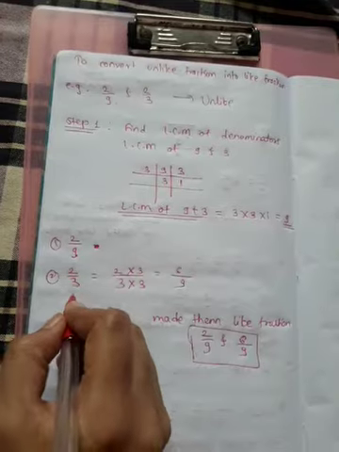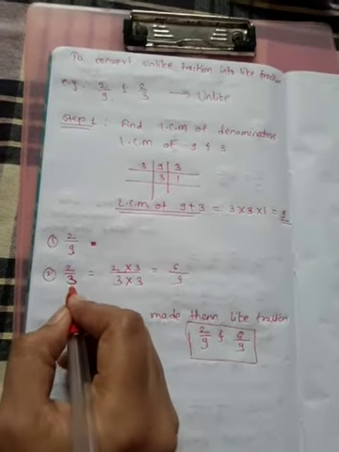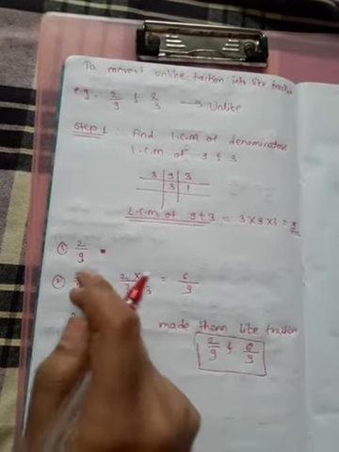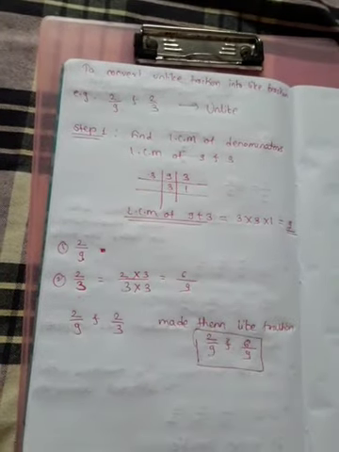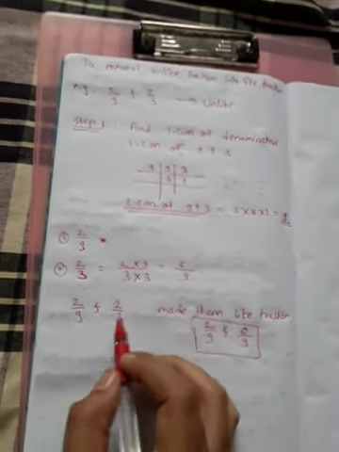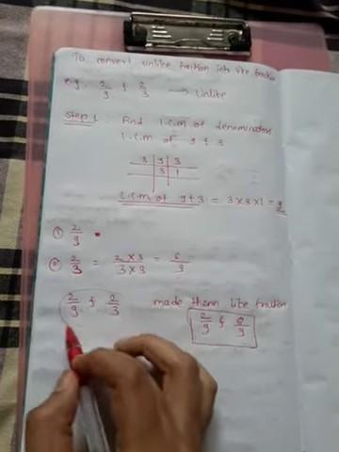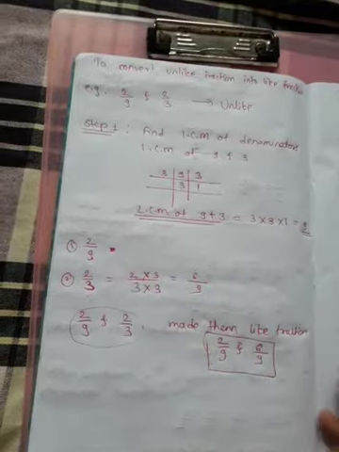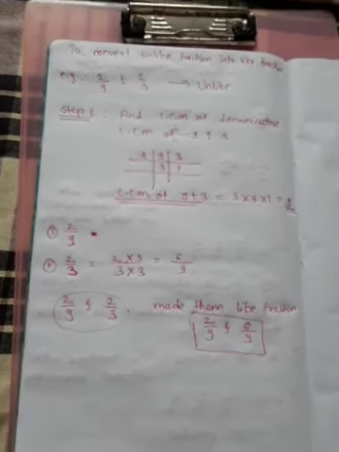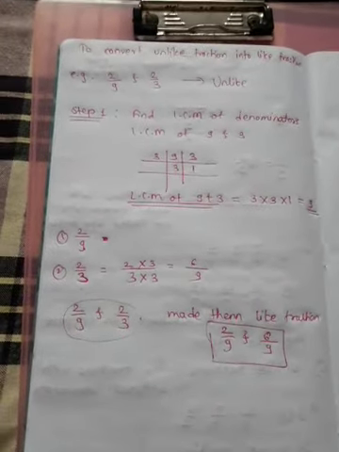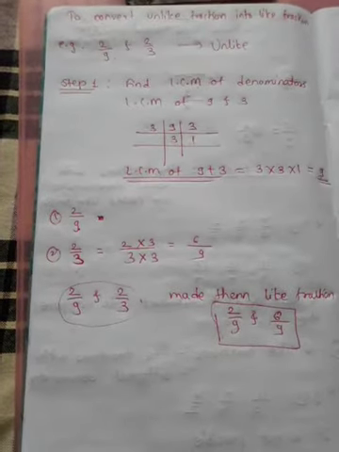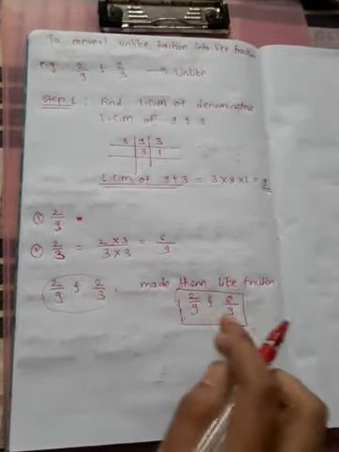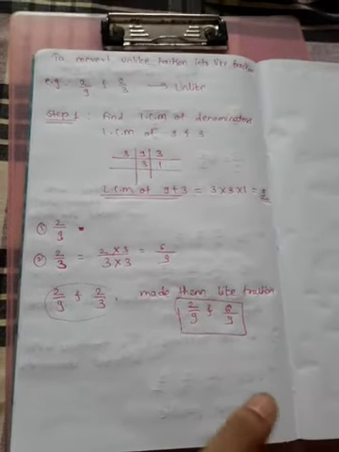In the second, the denominator is 3, so to make it 9 we have to multiply by 3, that's why 2 by 3 can be written as 6 by 9. So 2 by 9 and 2 by 3 were unlike fractions, and we made them like fractions. In this way you can make unlike fractions into like fractions, and once we make them like fractions, we can add and subtract them.